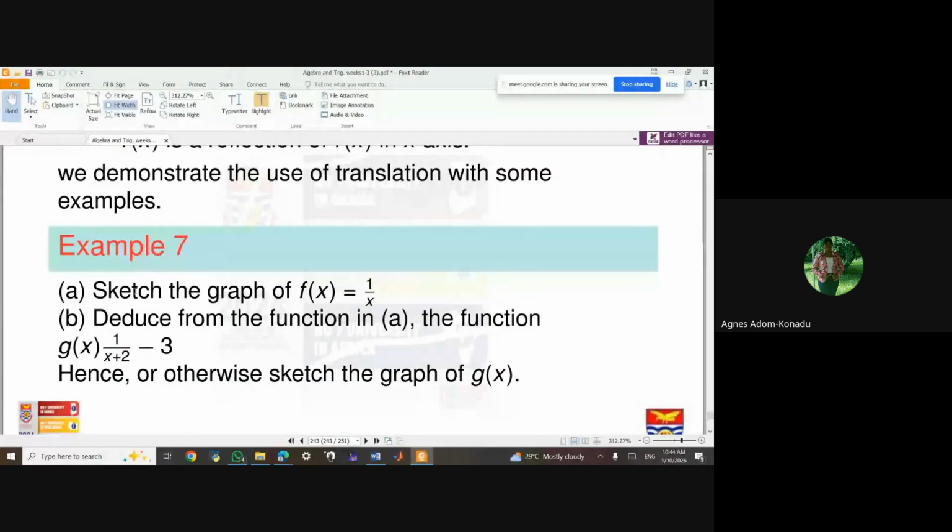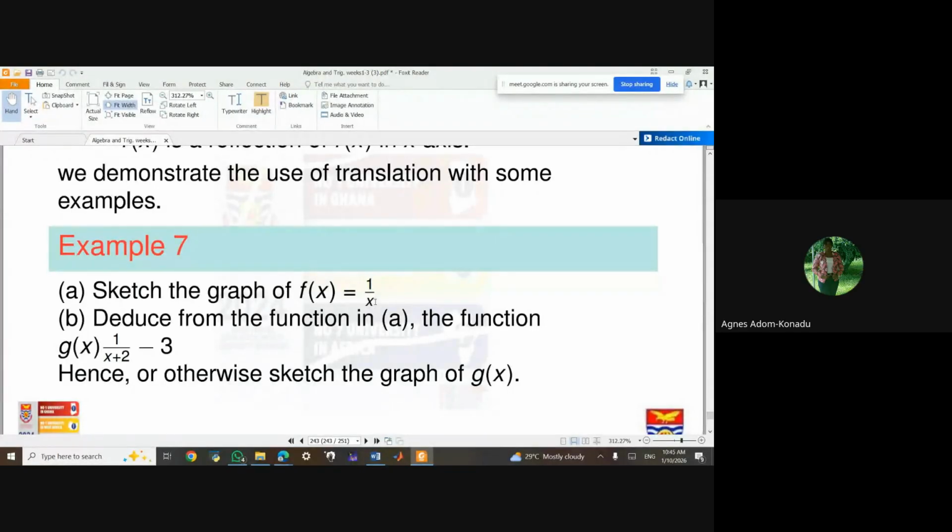Okay, so this one, we want to sketch the graph of the function f of x equal to 1 over x. This is a rational function. To sketch this, I have to find my horizontal and vertical asymptotes. So what's the vertical asymptote for this? x equals 0.